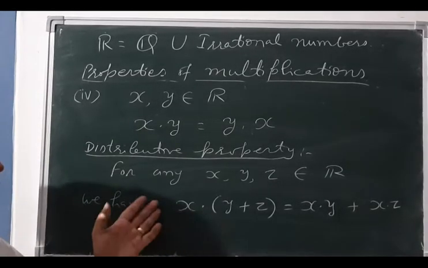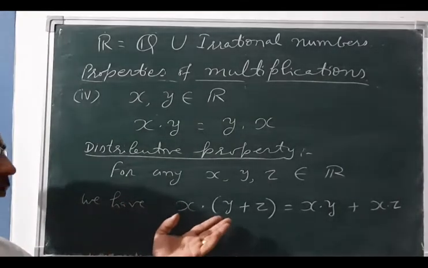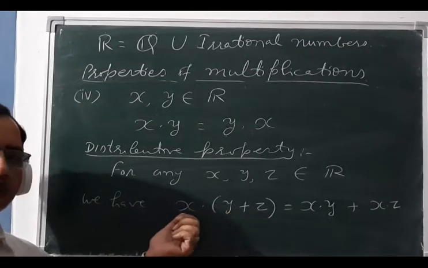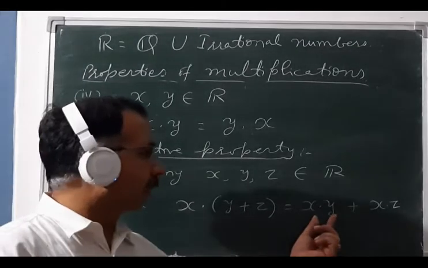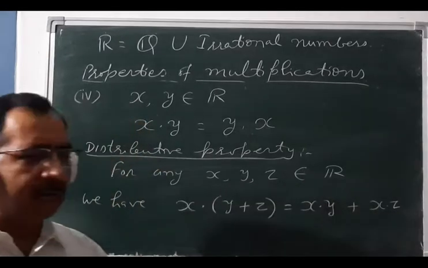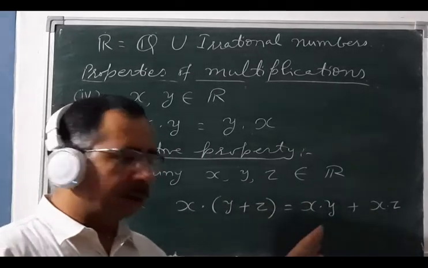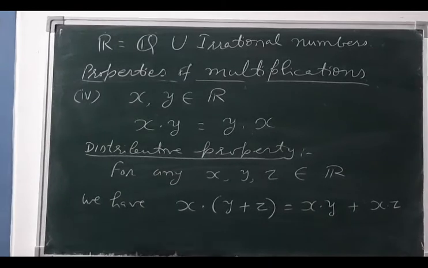So if you have three numbers x, y, z, first you add y and z and multiply with x, or you multiply xy, multiply xz and then add, you will get both the answers the same.